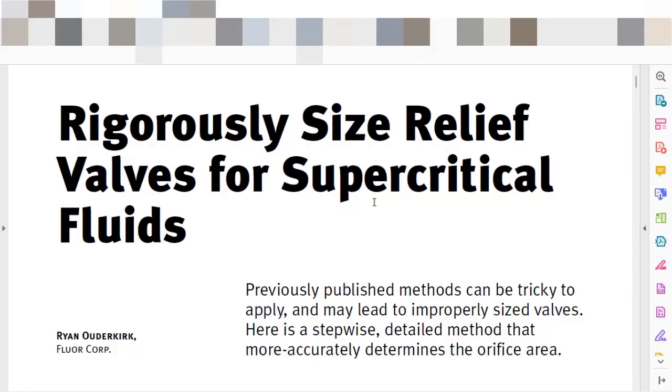The rigorous calculation for sizing relief valves for supercritical fluids was first published by Ryan Kirk. In this paper, he addressed a methodology based on the heating added to the fluid, and with the properties of the fluid, it is possible to calculate the relief load, the heat flux, and based on that, do the calculations for the orifice.